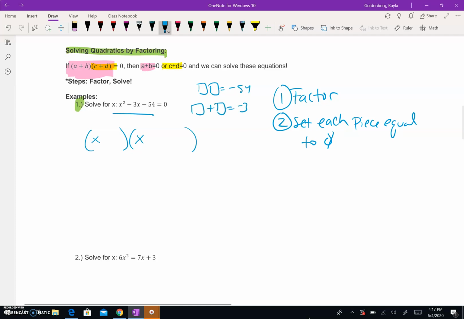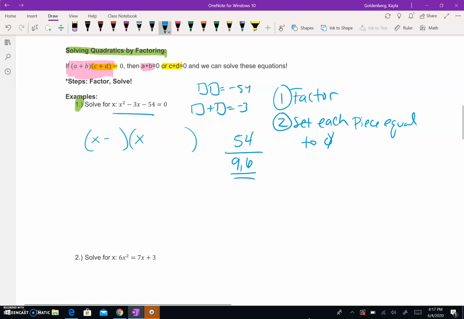If the two numbers add to be negative 3, that means the difference between them can't be a very large number. So thinking through our factor pairs of 54, I know that 9 times 6 is 54, and 9 and 6 are also 3 apart.